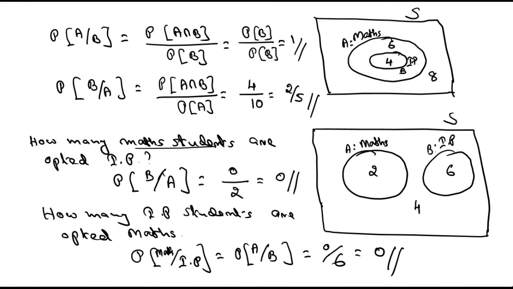So in mutually exclusive events, probability of A given B is 0, and probability of B given A is also 0.